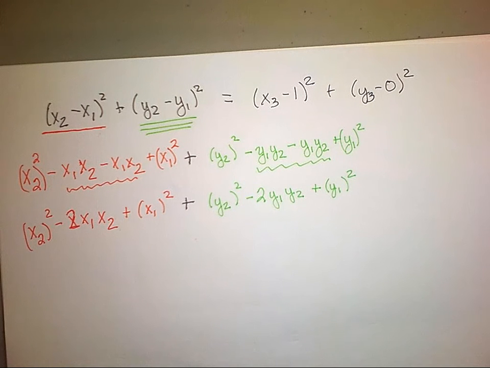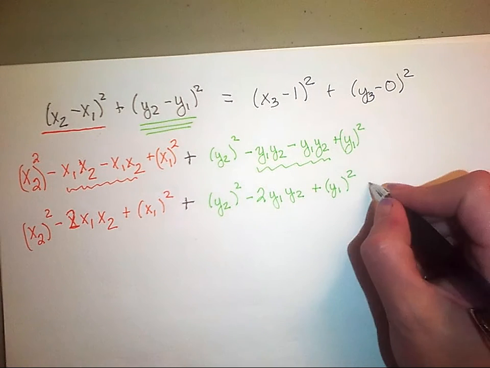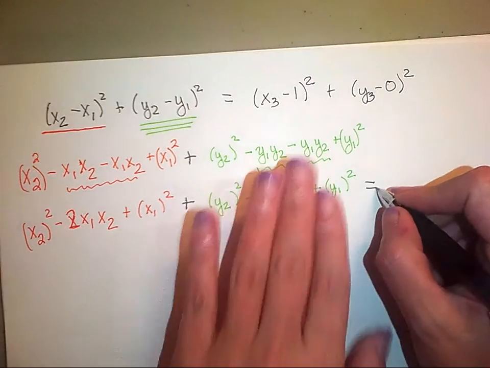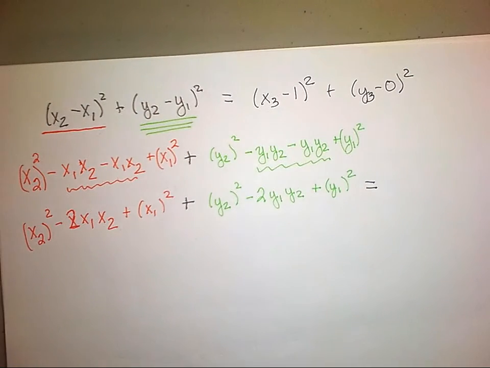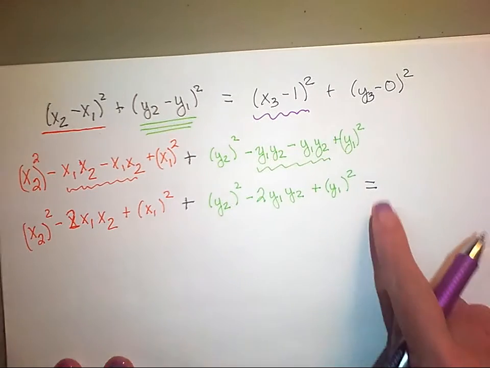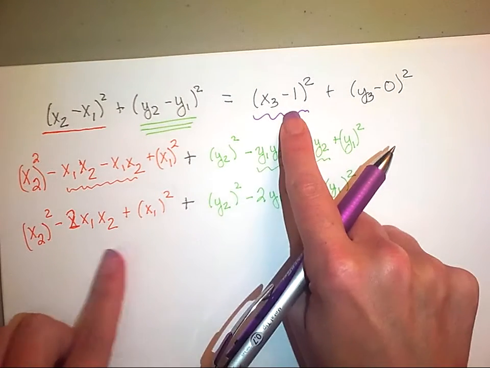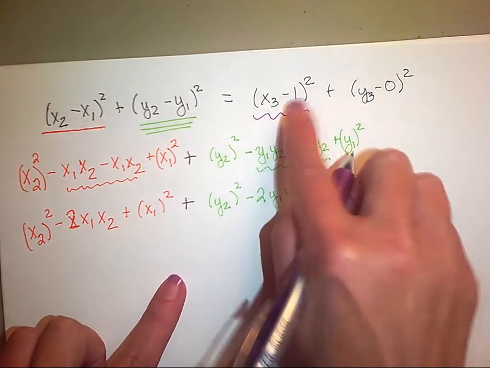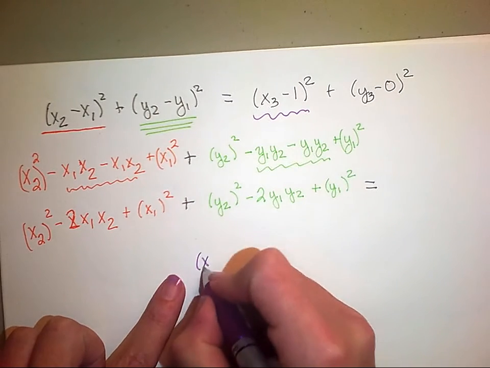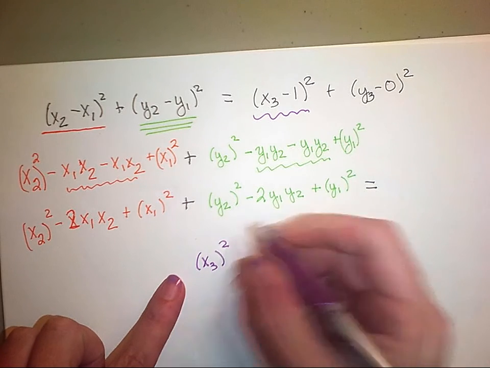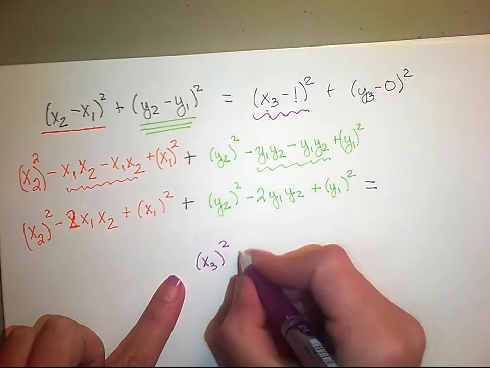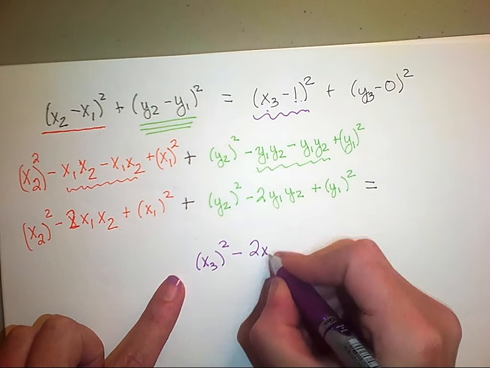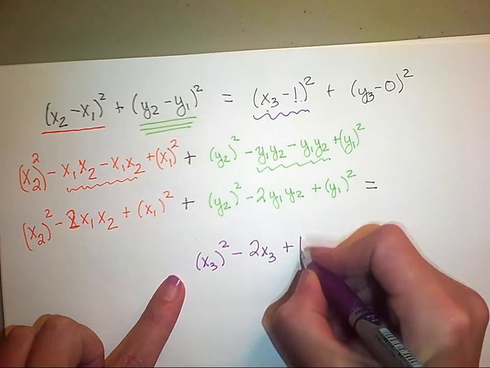Now we need to have an equal sign, and now I'm going to work with the right-hand side. This needs to be equal to, well, let's expand this. This is going to be x sub 3 squared minus x sub 3 minus another x sub 3, so minus 2x sub 3, plus 1.